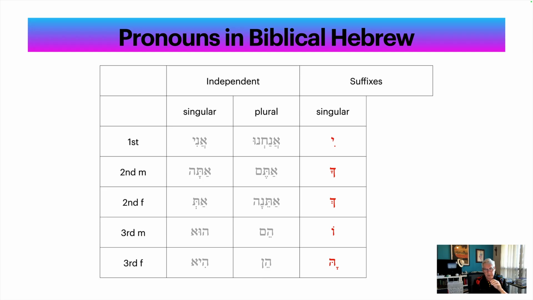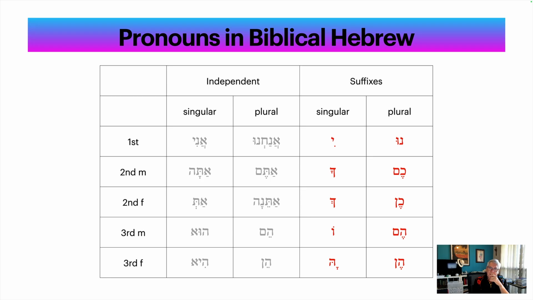And surprise, surprise, if it's third person feminine singular, it has an R sound on the end of the noun. In the plural, that's going to become nu instead of E. It's going to become kem instead of ka. It's going to become ken instead of k. It's going to become hem instead of o, and it's going to be hen in place of r.